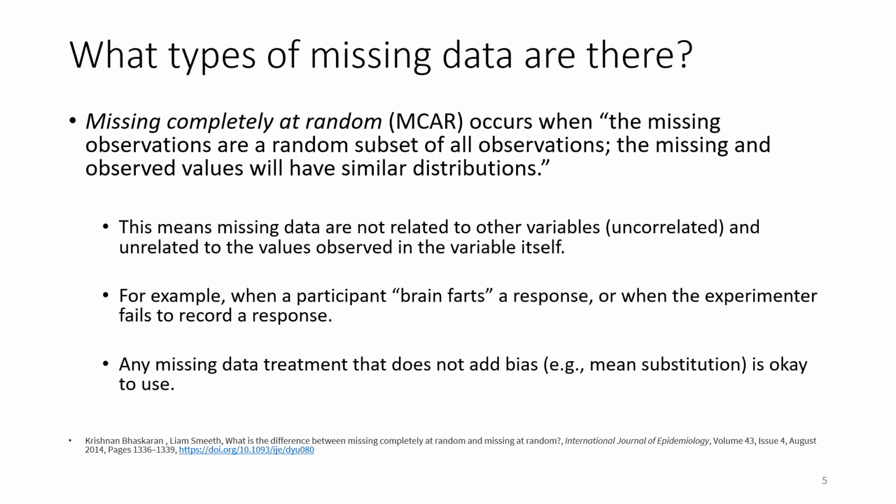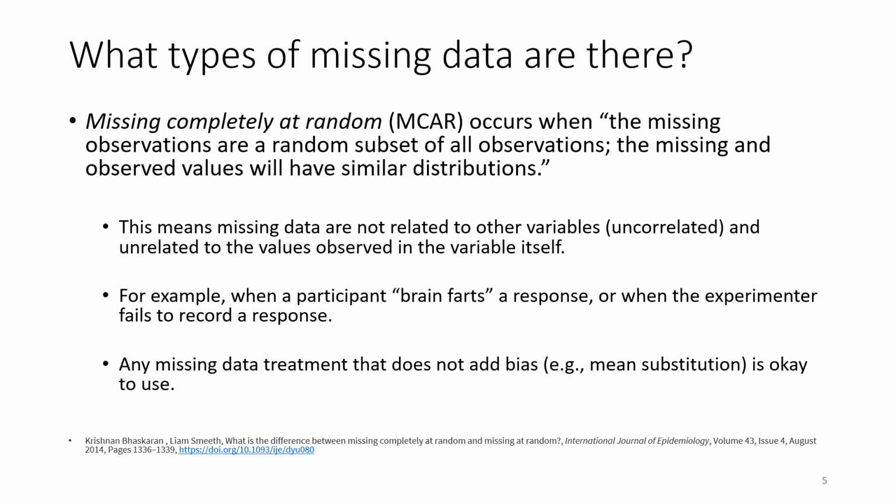Examples of missing completely at random include when a participant brain farts a response, that is, they simply make a random error, perhaps missing a question, or when the experimenter fails to record a response or loses the response, something like that.